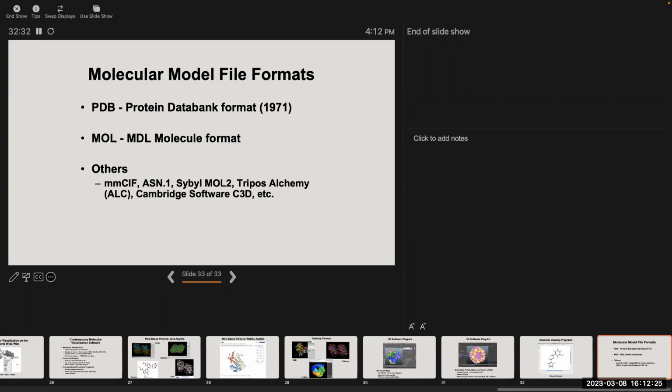Fortunately, the molecular visualization tools that we're going to use in here, which would be Chimera and PyMol, can usually open just about anything. If it's a 3D molecular model file format, they'll probably be able to open it, especially PyMol. I mean, I don't like PyMol as much as Chimera, but one advantage to PyMol is that it'll open almost anything you throw at it. Whereas Chimera is a little bit more limited in what kind of files it'll open.